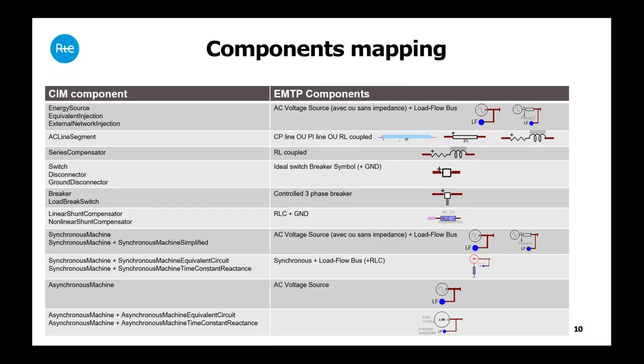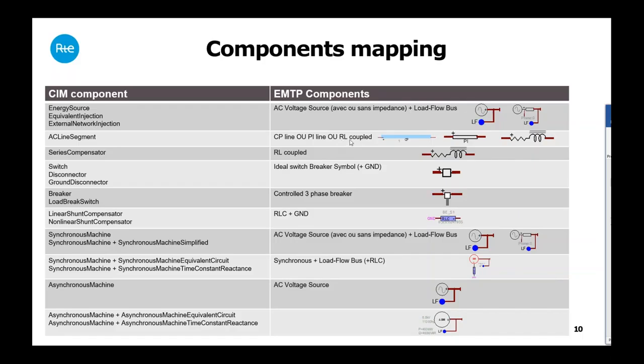Here we have the mapping between CIM and EMTP objects. In this table, you can see CIM components on the left and their EMTP equivalents on the right. And there is no direct mapping between CIM and EMTP. For example, the equivalent of an AC line segment can be a CP line, a PI line, or even RL coupled.